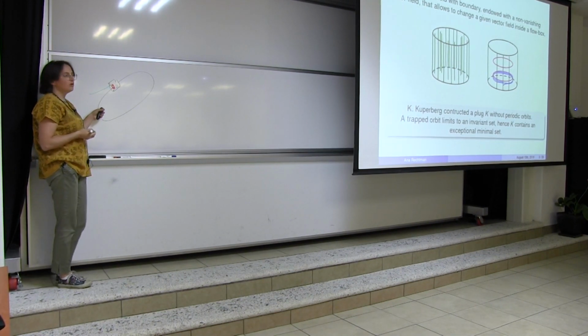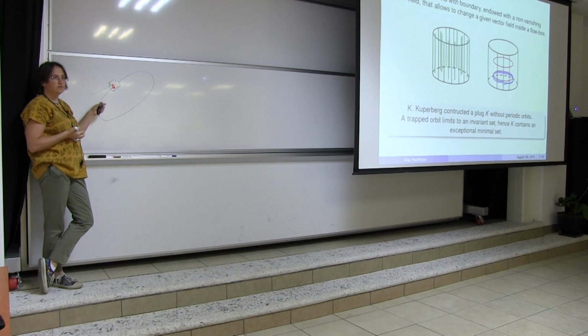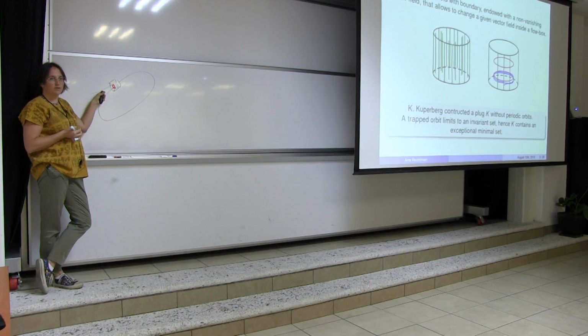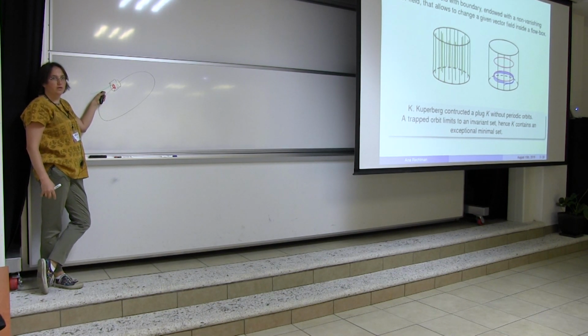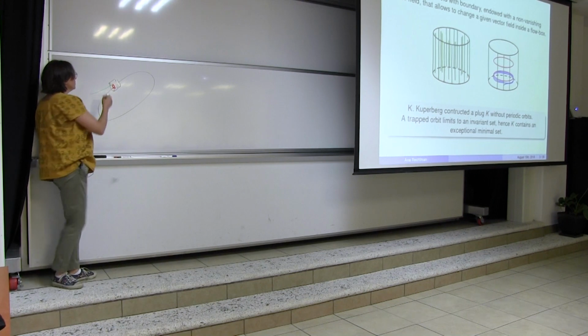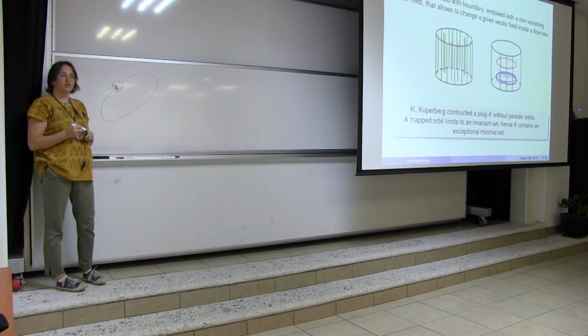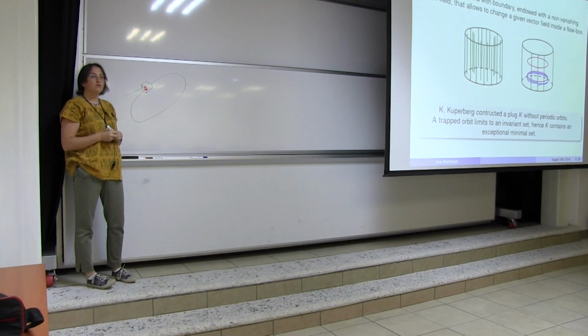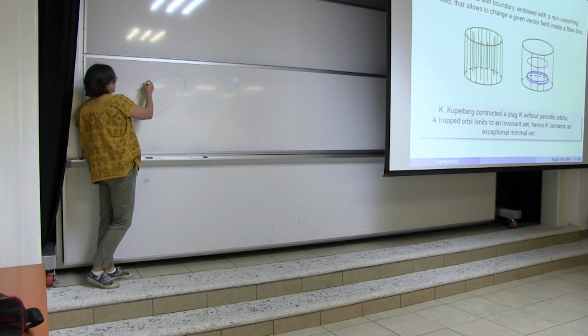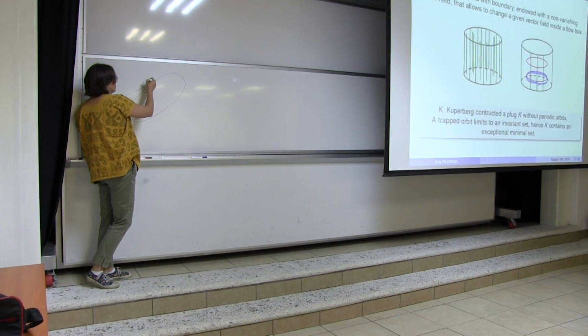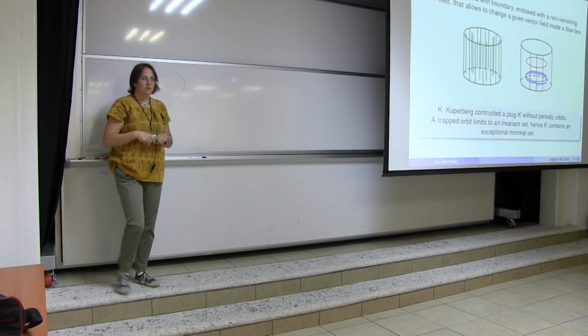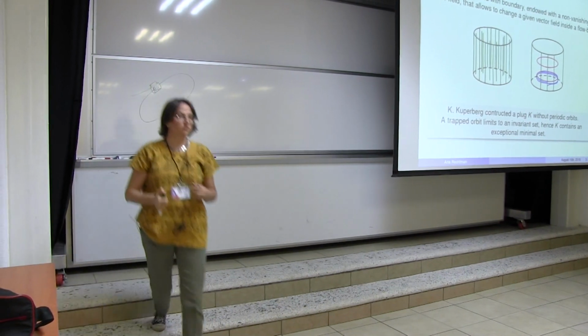I told you this periodic orbit is isolated, so this is not in a periodic orbit. But I want to ensure that when I do this surgery, I'm not creating a new periodic orbit. And how do I do that? Well, this orbit used to exit exactly at the point in front of it. Okay, so I will do it in such a way that the orbit might be very complicated inside, but it exits exactly at the point in front.